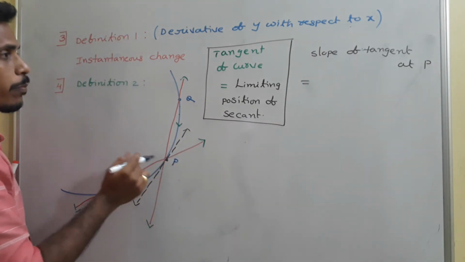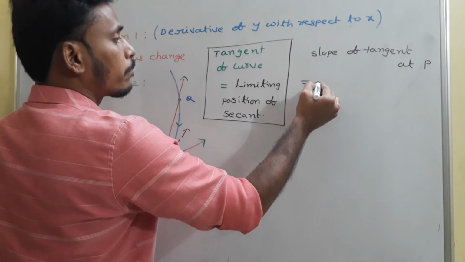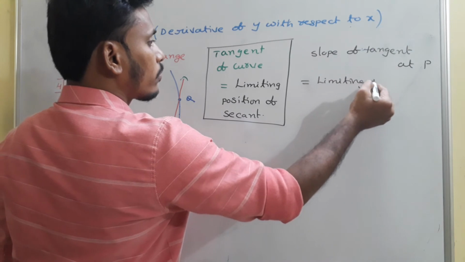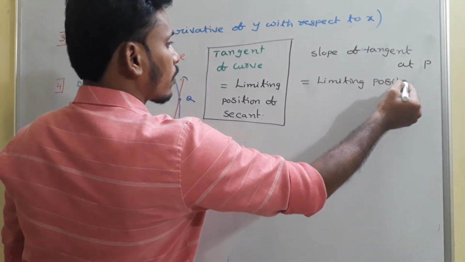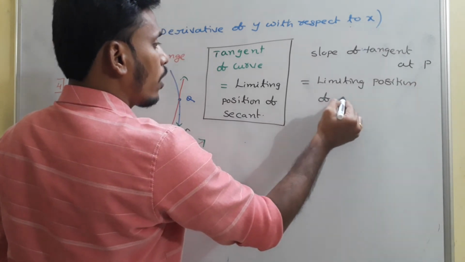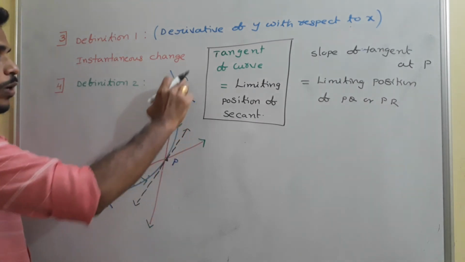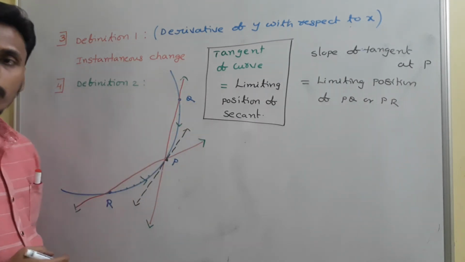The slope of the tangent at P for the curve is simply the limiting position of PQ or PR. PQ is one secant, PR is another secant.